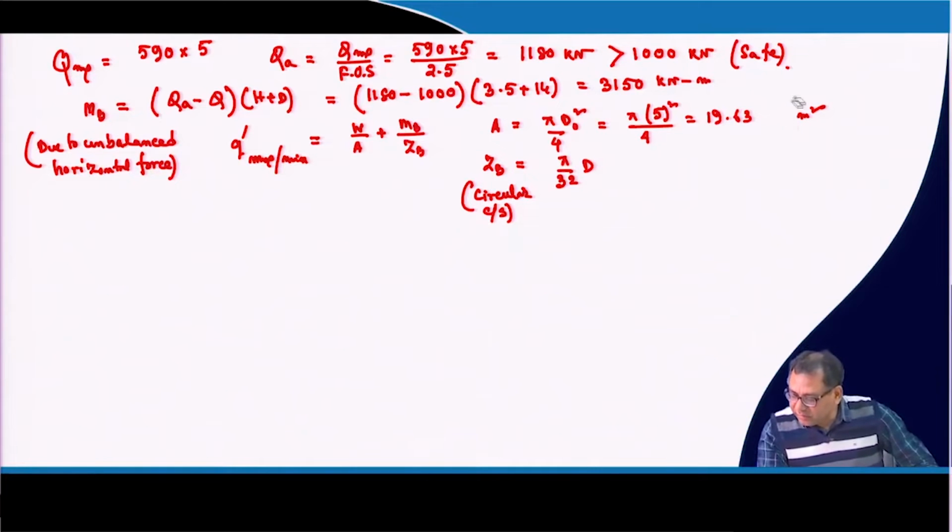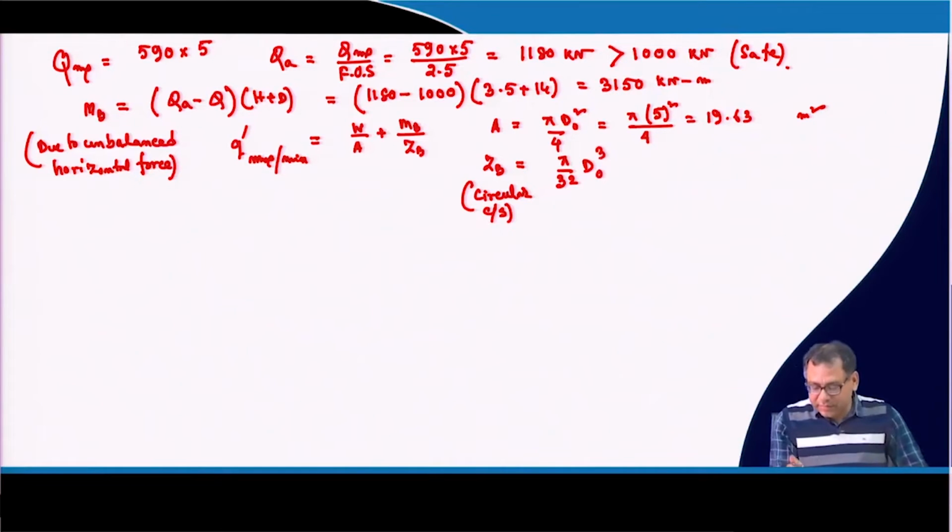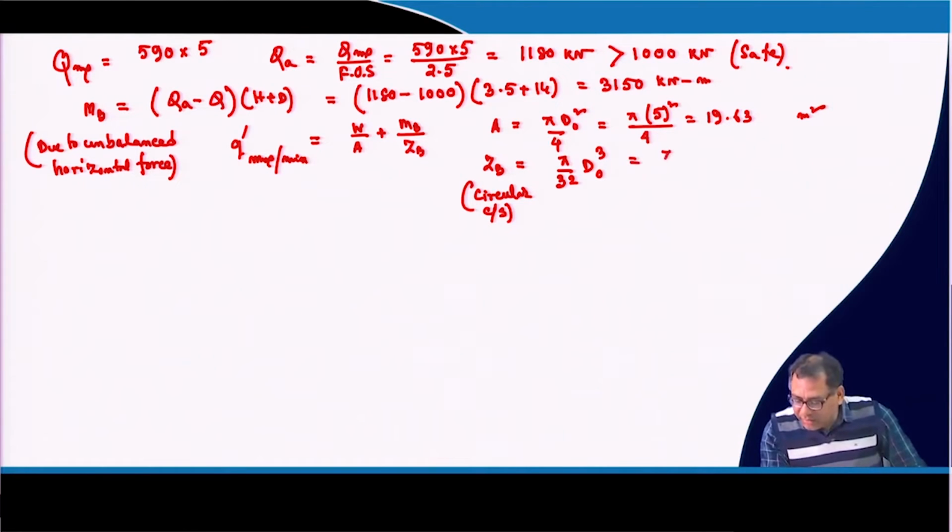Sorry, this is only meter square. As I mentioned, I have discussed how I am getting these values in my previous lectures. So, this will be pi 5 to the power cube divided by 32. So, this is 12.3 meter cube.